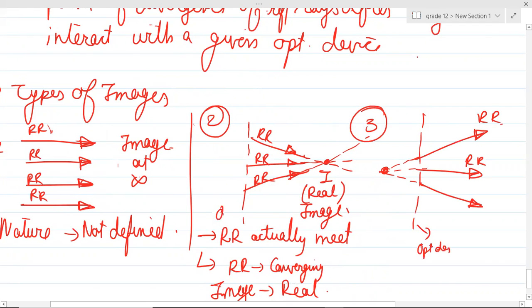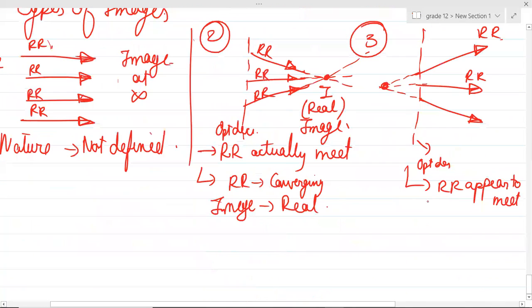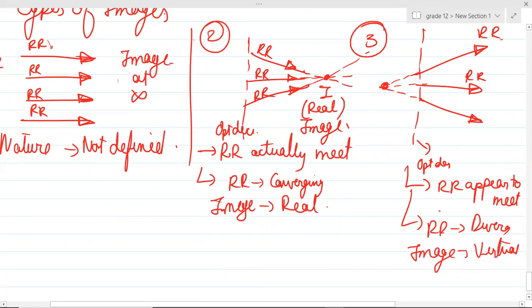This is your optical device, so they appear to diverge from a point. Always remember, whenever reflected rays or refracted rays are diverging, then the image so formed is virtual. Shall I give you a summary of whatever we have learned so far? So, I think in 10th, this image at infinity was defined as a real image.